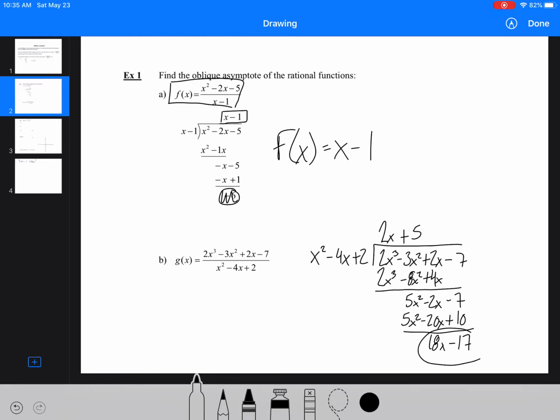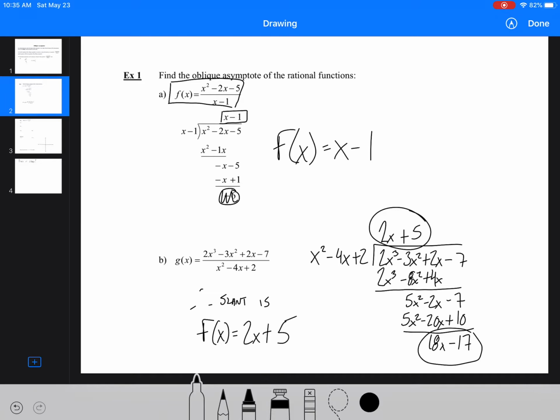Now this degree is smaller than what we're dividing by, so we know we're done. So our slant asymptote is whatever's on the top here. So therefore our slant is f of x equals 2x plus 5.